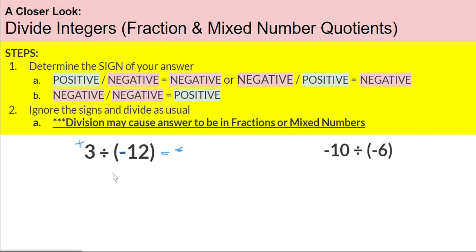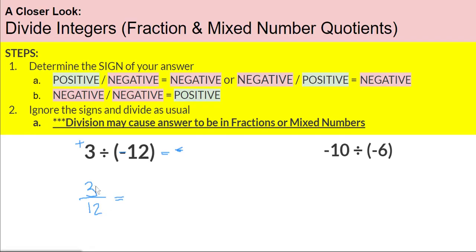I'm going to do this one a little bit differently because I notice that my divisor is bigger than my dividend. So the number I'm dividing by is bigger, and usually when that happens, we're probably going to get a fraction or a decimal. So we're going to need to write it a little bit differently. We're going to do 3 divided by 12. I'm going to do it like that. So now you can see it's written like a fraction. Now all I want you to do is simplify that fraction, 3/12.